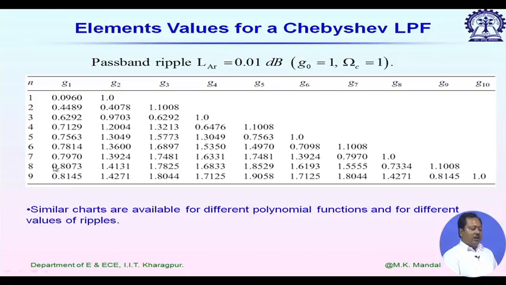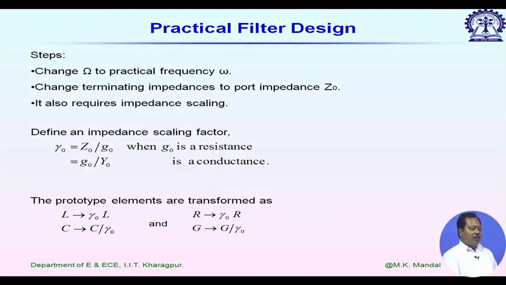For example, let us say you decided the order of the filter should be at least n equal to 7, then you can choose the g parameters from this particular row. Now, we have to realize these g parameters as L and C values. Similar tables are available for different LAR values and also for different polynomials.